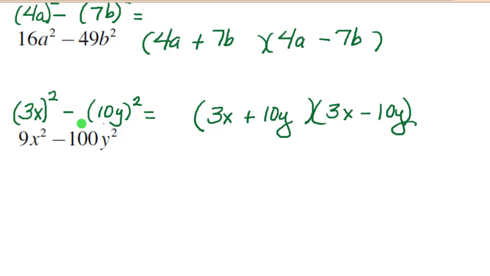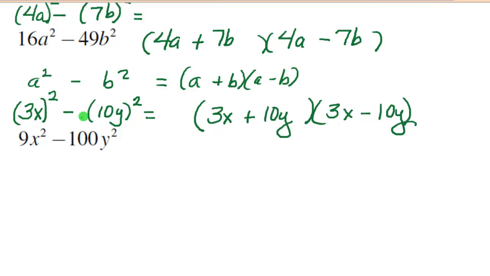One more thing. When I rewrite this binomial with the parentheses and the squared, that is not factoring right there. All I'm doing is recognizing that this binomial follows our a squared minus b squared form, and telling you what a and b are, so that you can then factor it as a plus b, a minus b.